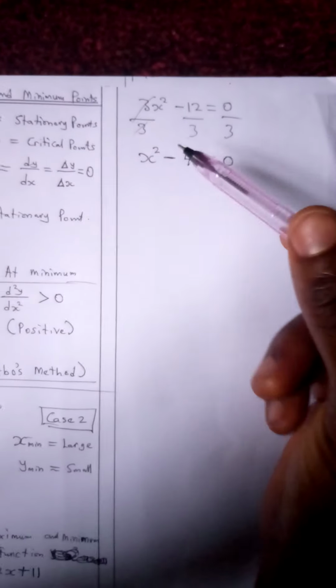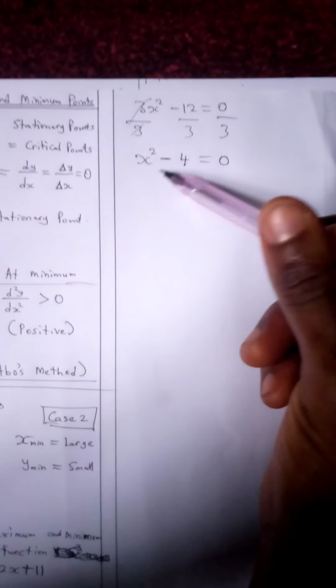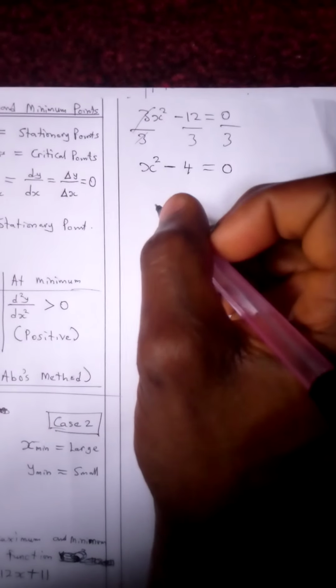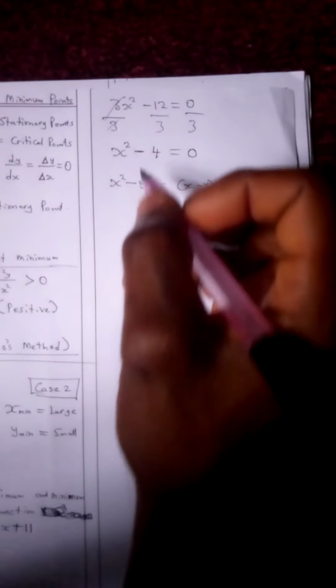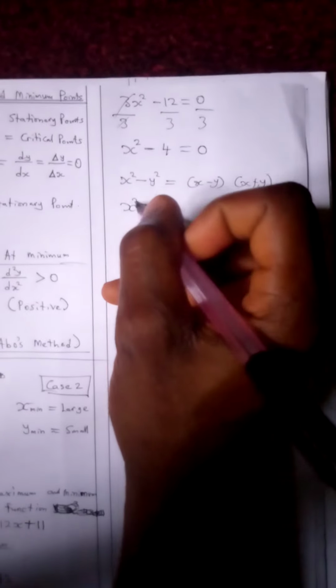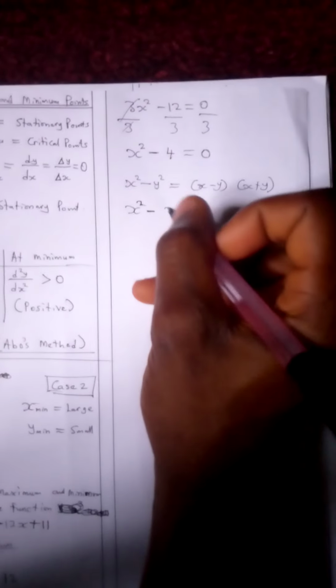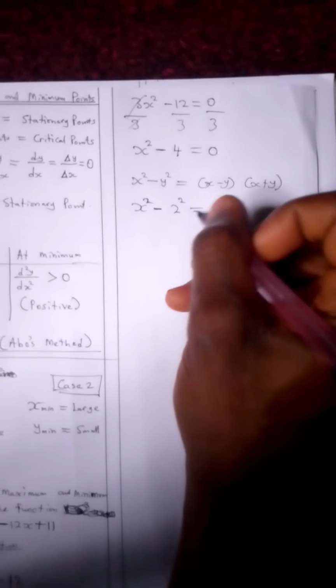We can see that this is a difference of two squares. The difference of two squares says x squared minus y squared is equal to x minus y times x plus y. So we can rewrite this expression: this 4 is the same thing as 2 to the power of 2, equal to 0.